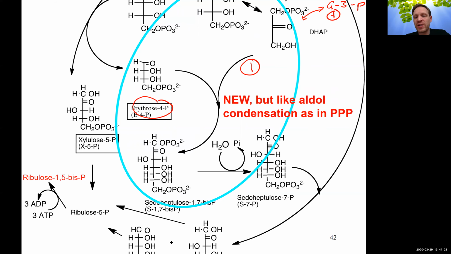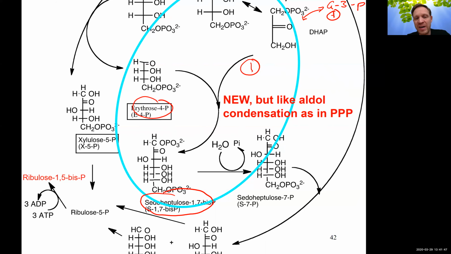That's essentially an aldol condensation as we have done it in the PPP, but it works mechanistically a little bit differently. The outcome is the same as in the PPP. What we're generating is a C7 sugar. This is our pseudoheptulose 1,7-bisphosphate, right?